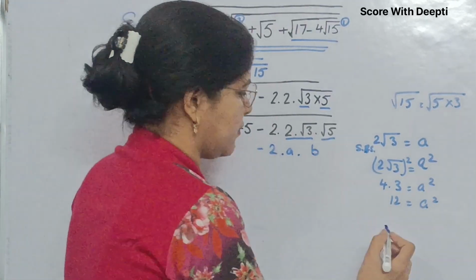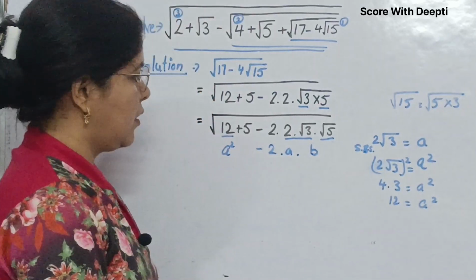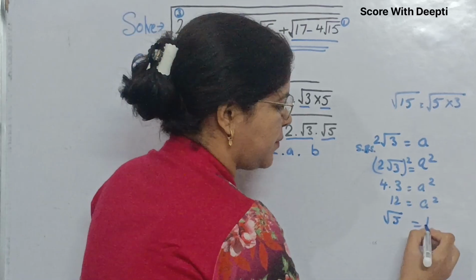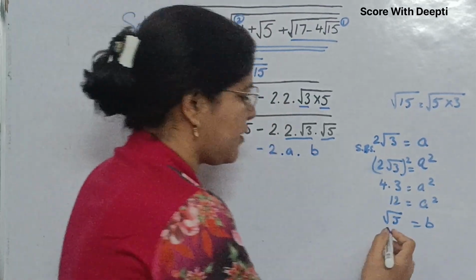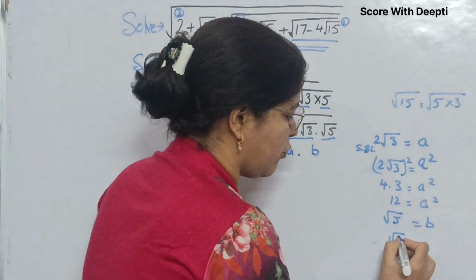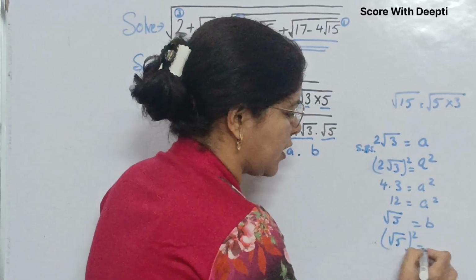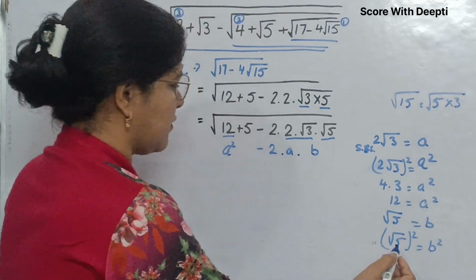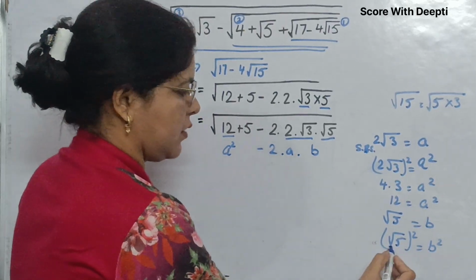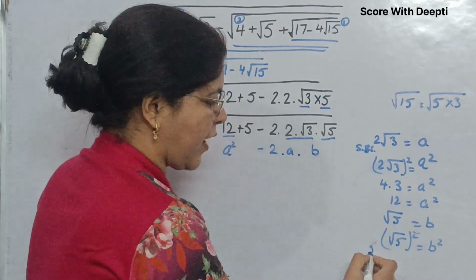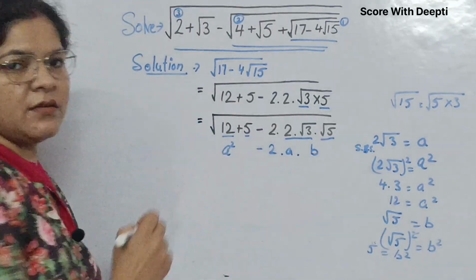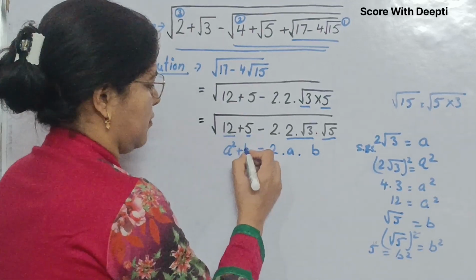Next we take square root 5 as b. Taking square on both sides, we get square root 5 whole square equal to b square. The square cancels with the square root, and we get 5 as b square. This 5 is b square.